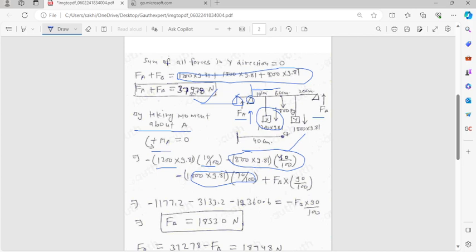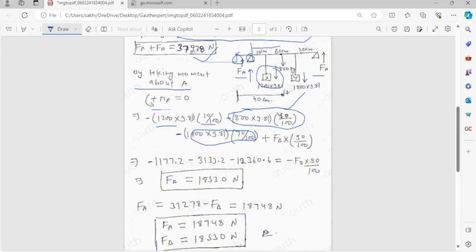When solving these types of problems, always remember units: use either meters and Newton, or centimeters and lbs.